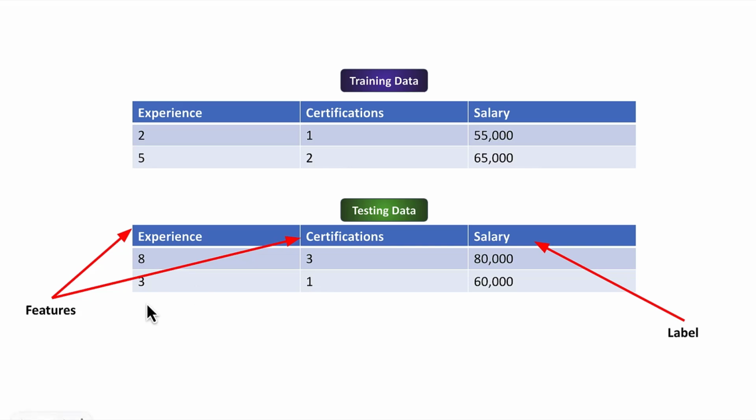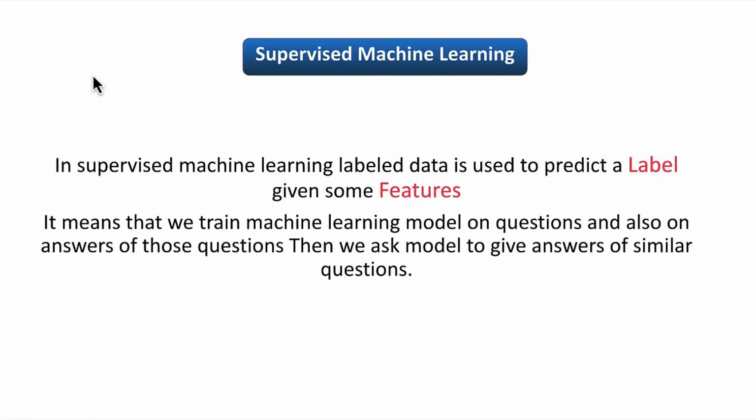So these are a few terms which you need to keep in mind while understanding the types of machine learning. So the first term is the label, which is actually the value which we are predicting. And then there is a term called features, which is basically the columns or the values using which we are making the prediction.